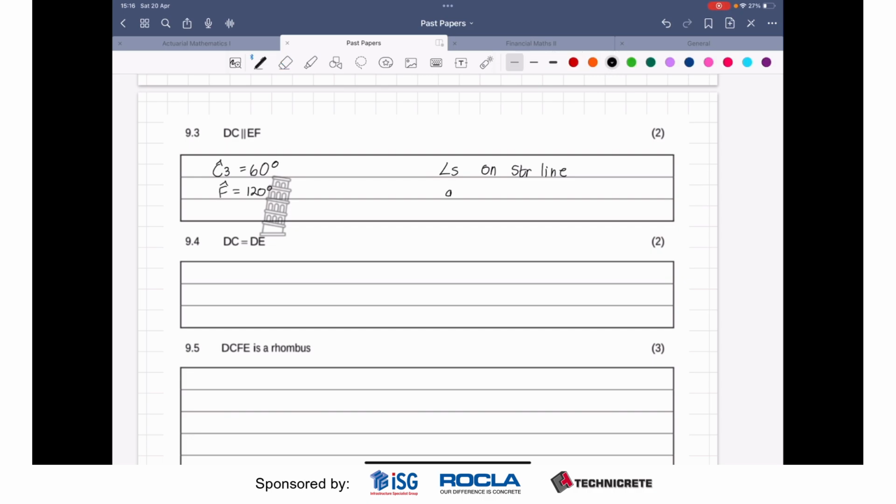And that was given. And therefore, DC parallel EF because of supplementary co-interior angles.